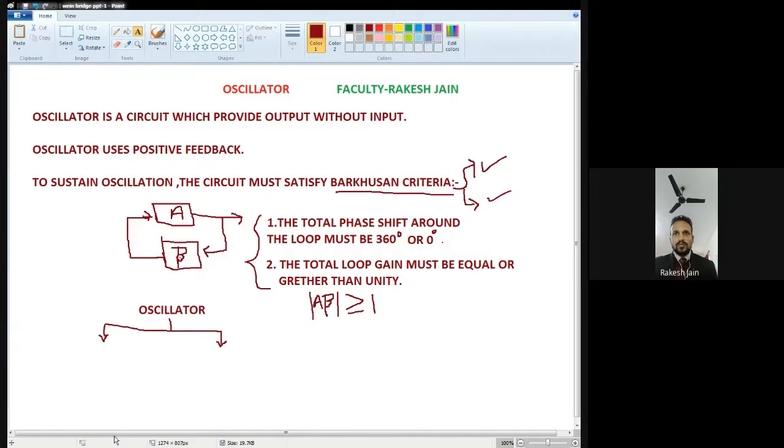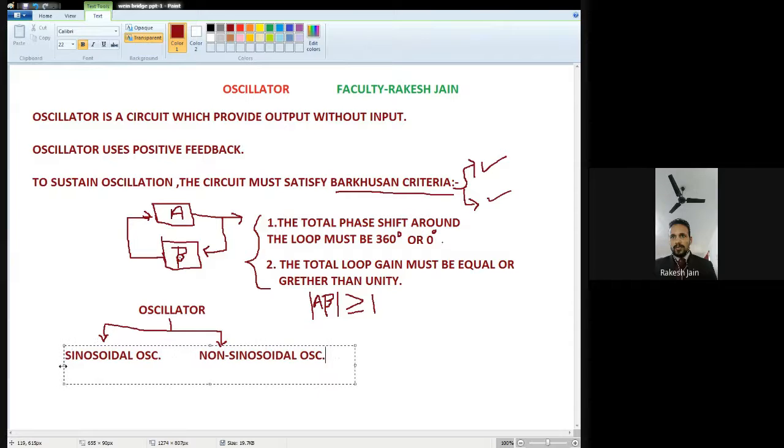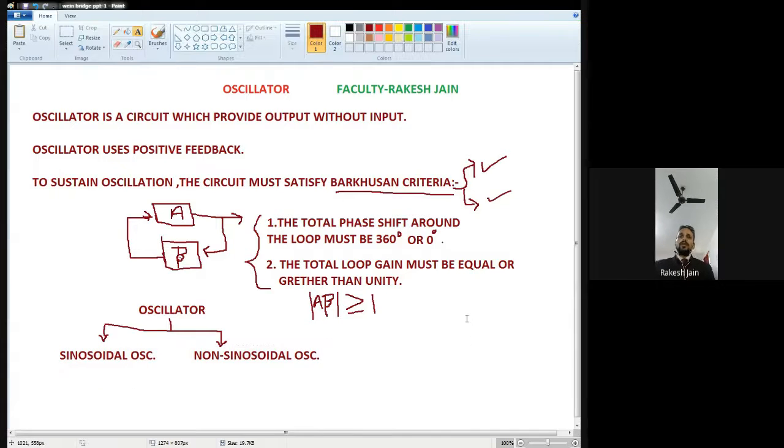They are known as sinusoidal oscillators. The second one is the non-sinusoidal oscillator. These are two categories for the oscillators.